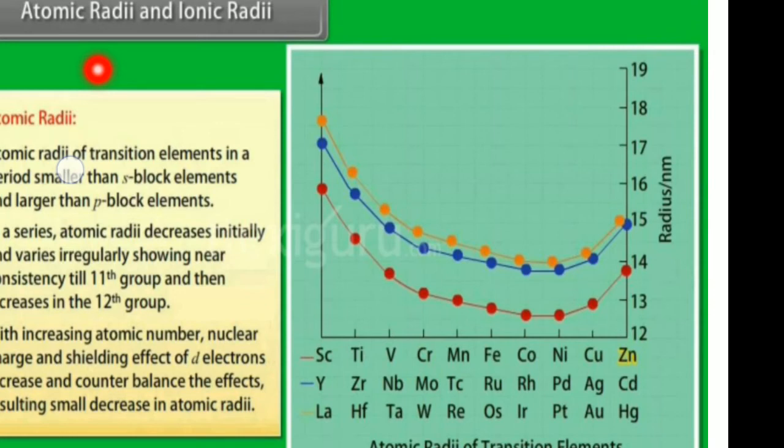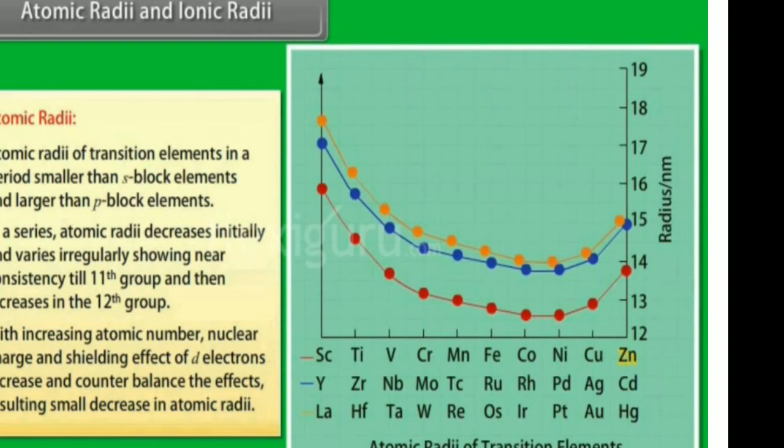Next, you observe a blue colored graph line which represents the atomic radii of the yttrium series or 4D series. In this also, the atomic radii of the elements gradually decrease and then slightly increase due to the same reason.